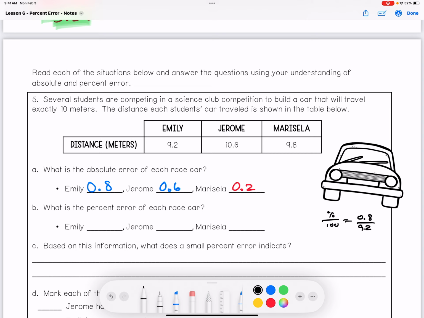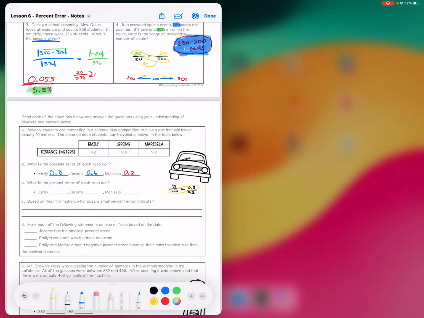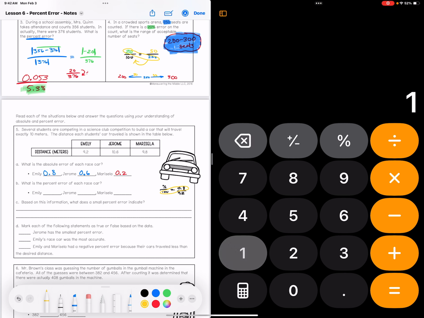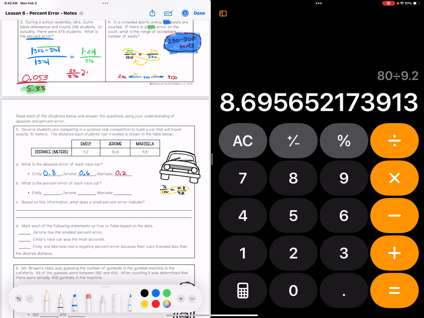So when I do all of that math, 100 times 0.8 equals 80. 80 divided by 10.